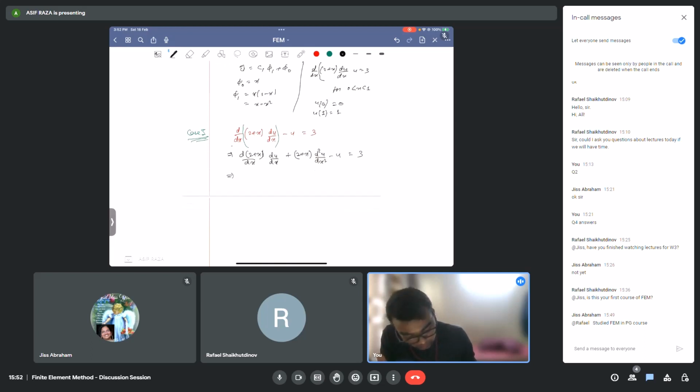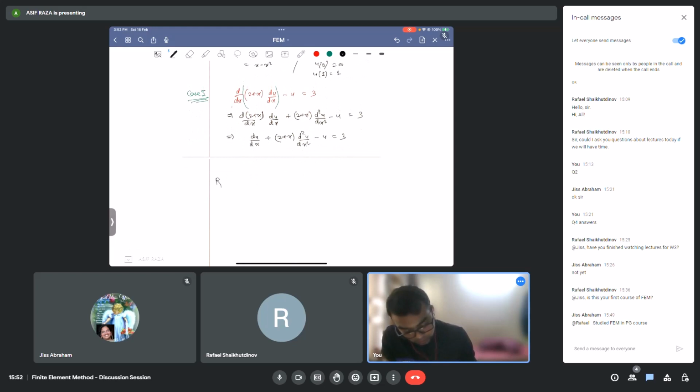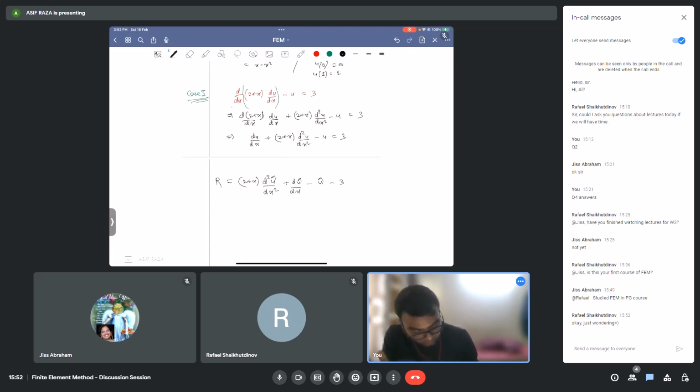This is equal to 1, so du by dx plus 2 plus x d square u by dx square minus u equal to 3. So my residue would be 2 plus x d square u hat by dx square plus du hat by dx minus u hat minus 3.